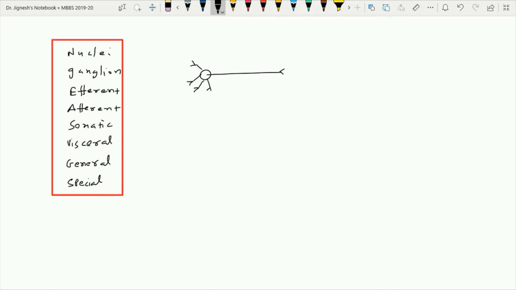Within this neuron, this portion is the body, all these are the dendrites, and this larger portion is the axon. The nuclei are nothing but the collection of cell bodies within the central nervous system, in the gray matter.